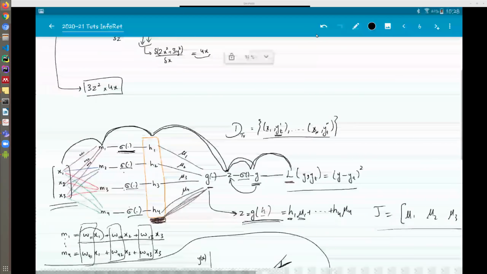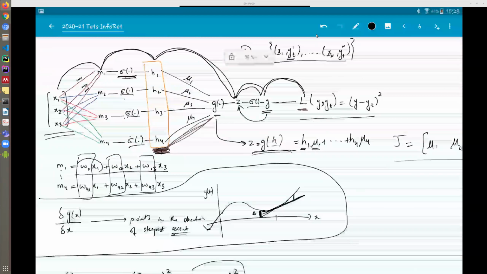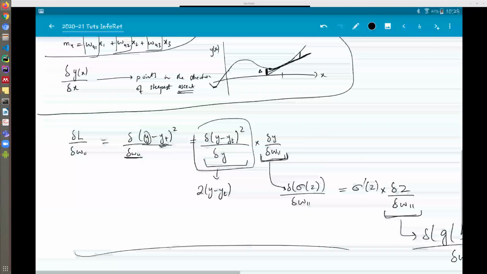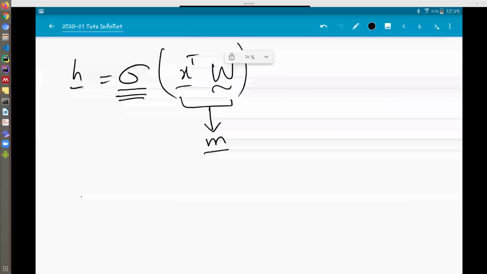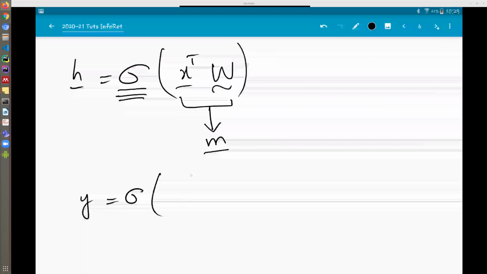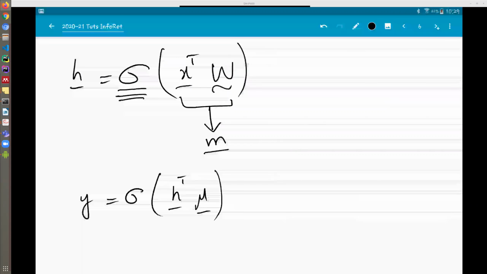Looking at the next layer, we can again calculate y. y is equal to sigma of h transpose mu. Here h transpose is a single vector, and mu is also a vector consisting of mu1, mu2, mu3, and mu4.